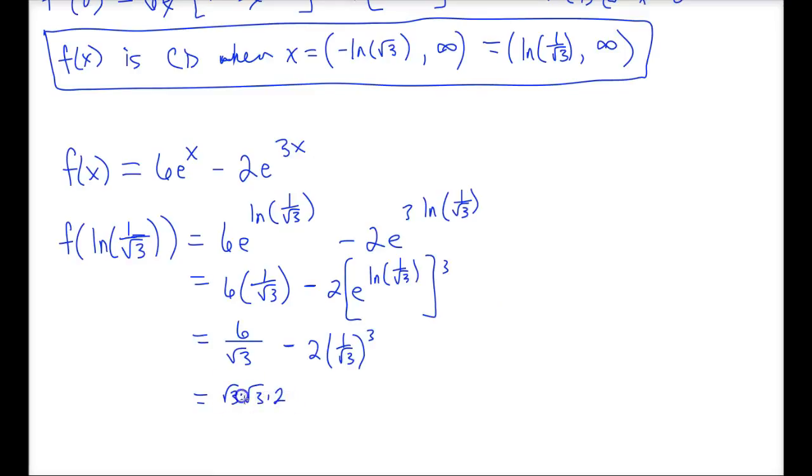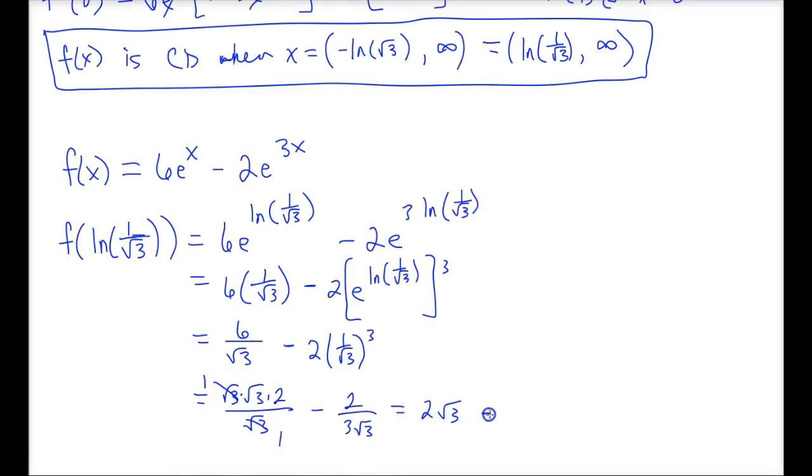Times 2 there, all that over square root of 3. And we know that square root of 3 cubed is like multiplying square root of 3 times itself 3 times. So that would be the same as 2 over 3 root 3. And so that would get rid of that.